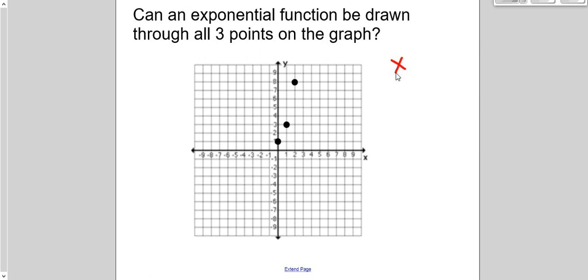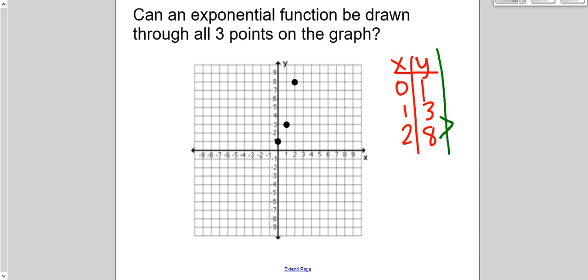Okay, so remember we start with our table of values. This point is at 0, 1. This point is at 1 and 3. And this point is at 2 and 8. Now, in order for us to be able to draw an exponential function, we have to take a look at our difference ratio. If I look at this ratio, I get 8 divided by 3.